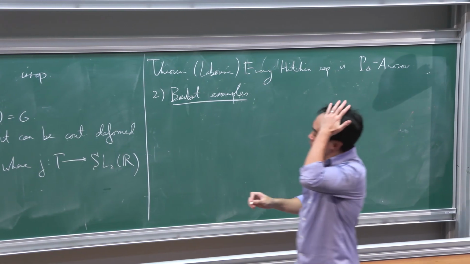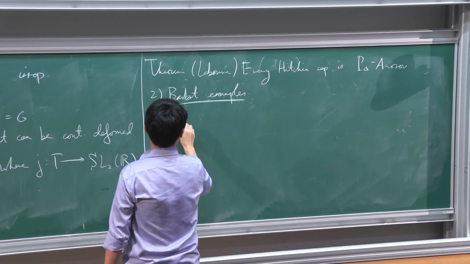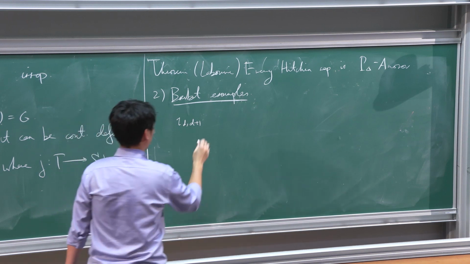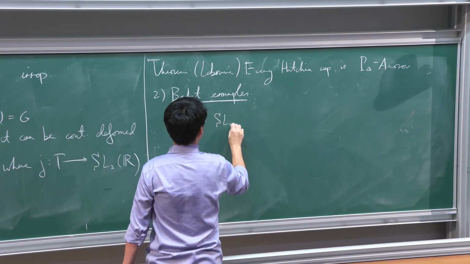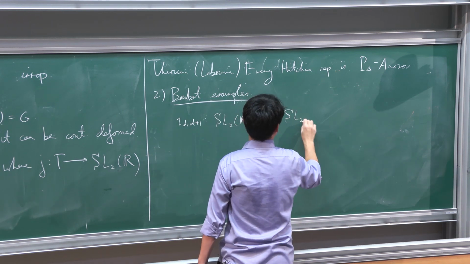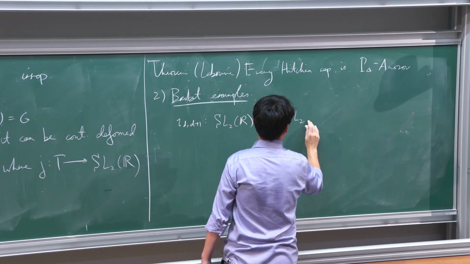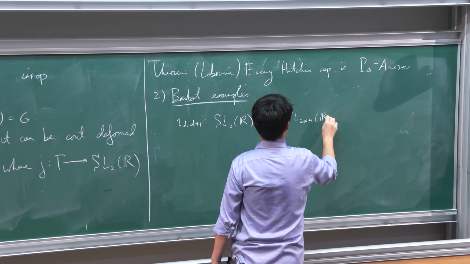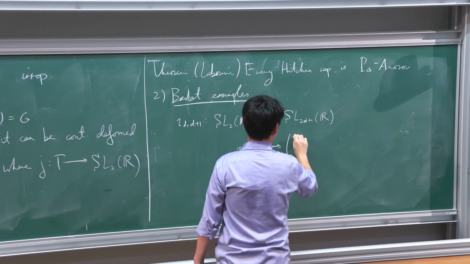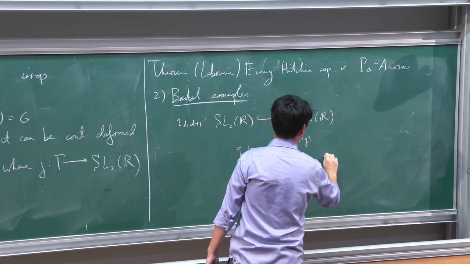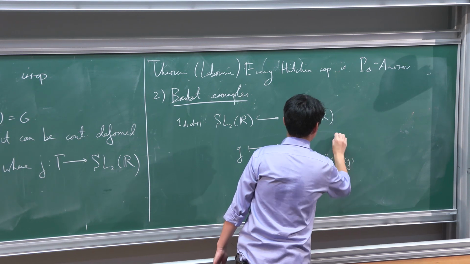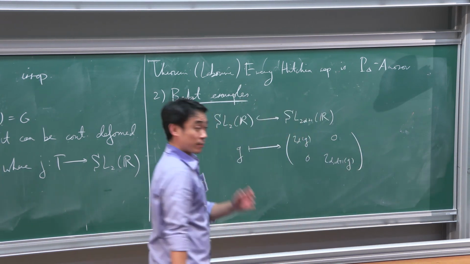What I'm going to do is look at this representation that I call iota D plus 1. It goes from SL2 to SL(2D plus 1)R, where you take your g and you send it to iota D g, iota D plus 1 g, like this.